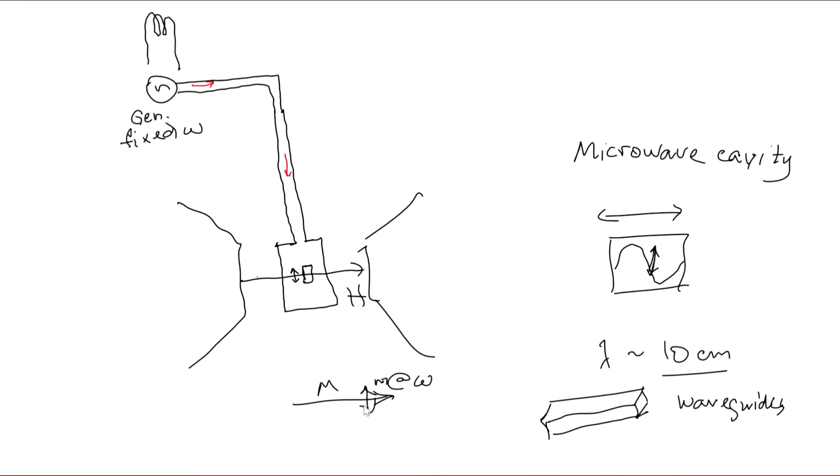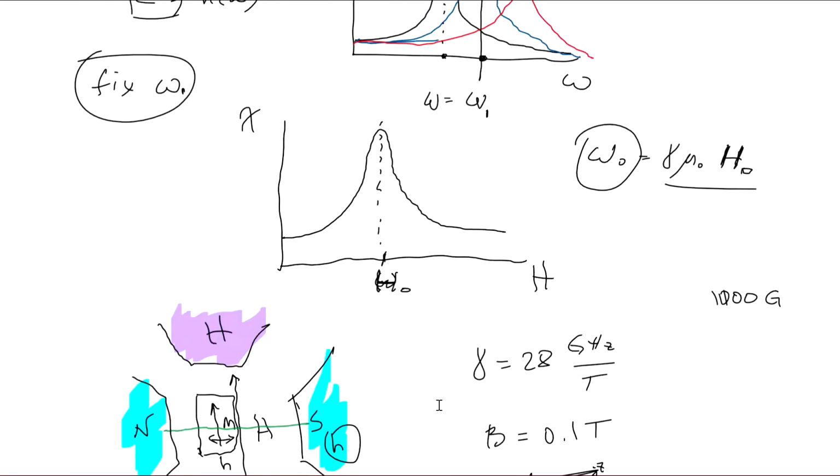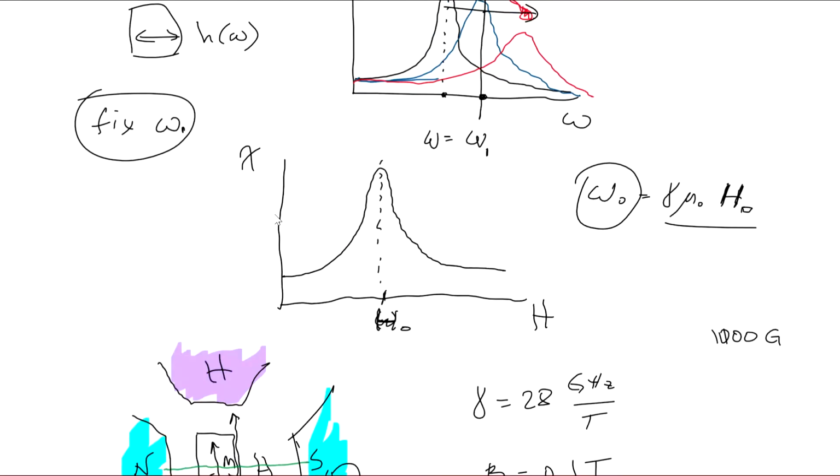Now if it's not a resonant frequency for this particular magnetic field that we apply, then oscillations would be very small. But as we hit resonance, what happens is that you send certain energy, and the energy is converted into the motion of the magnetic moments of our material.